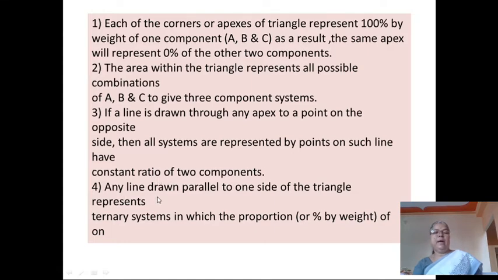And any line drawn parallel to one side of the triangle represents the ternary system in which the proportion of the component is expressed. These are the four rules by means of which you can study the phase diagram of a three component system.